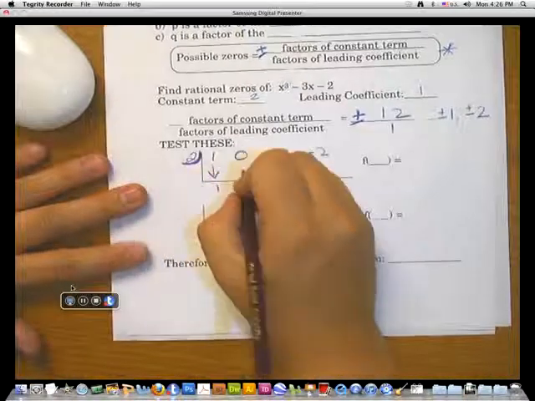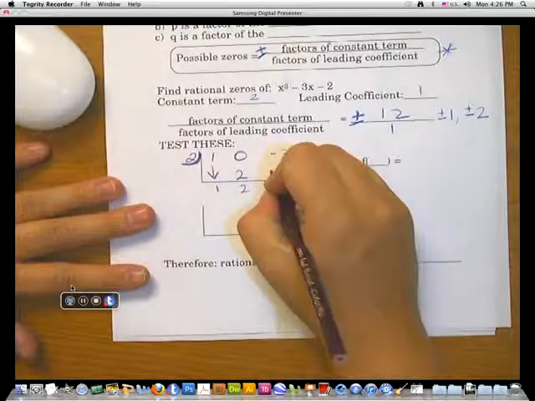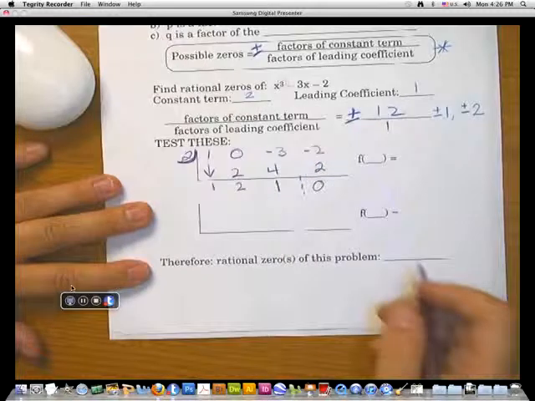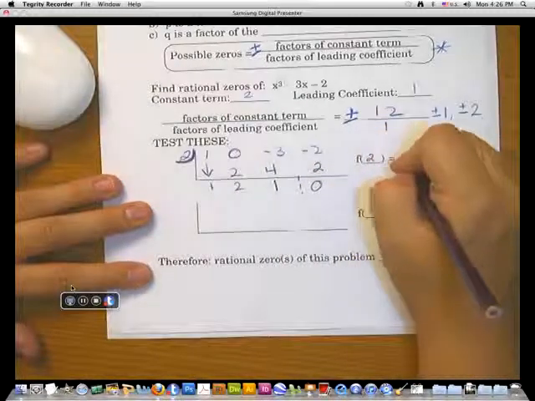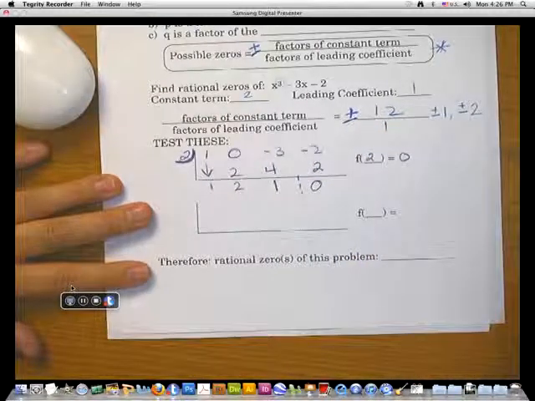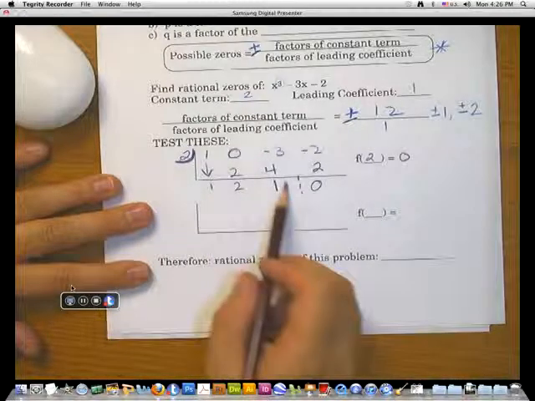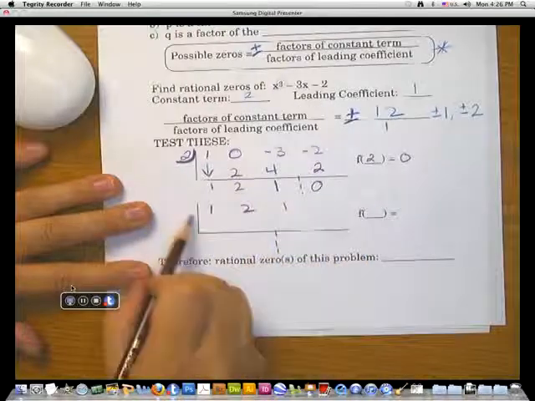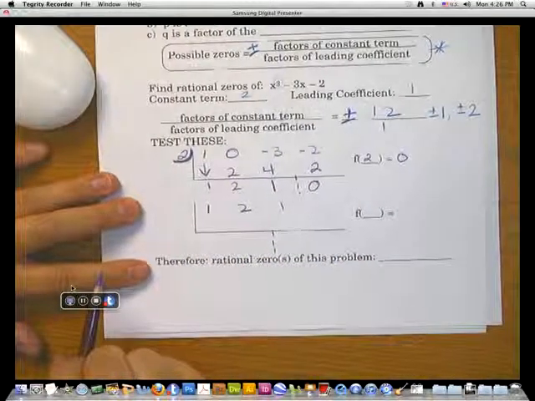We bring down the 1, multiply around, bring down, multiply around, bring down, multiply around, and we do get that f of 2 is 0. But it also tells us that what's leftover are my new coefficients for my next test value.